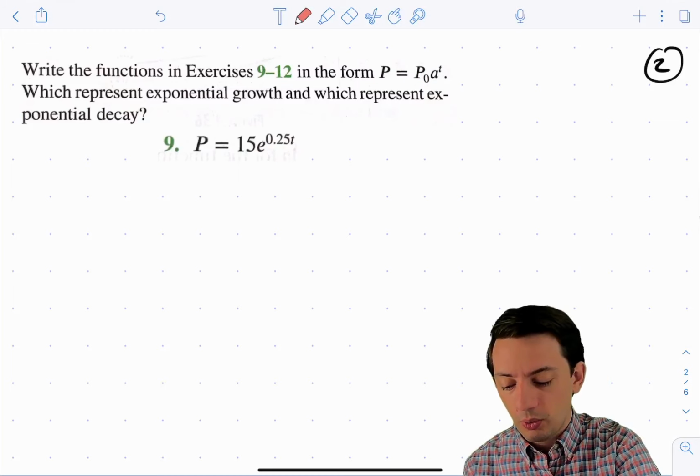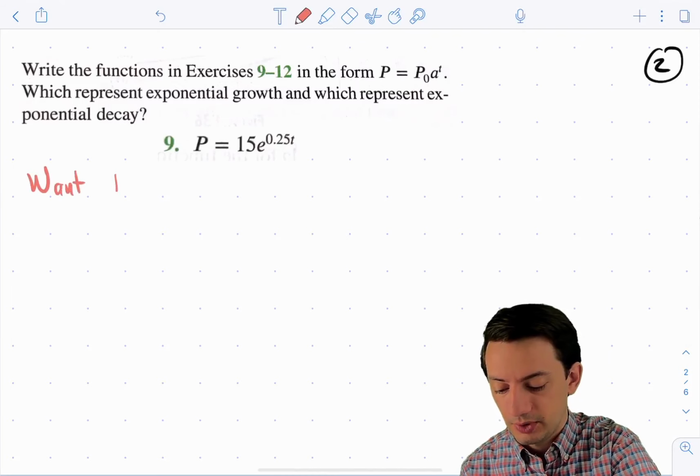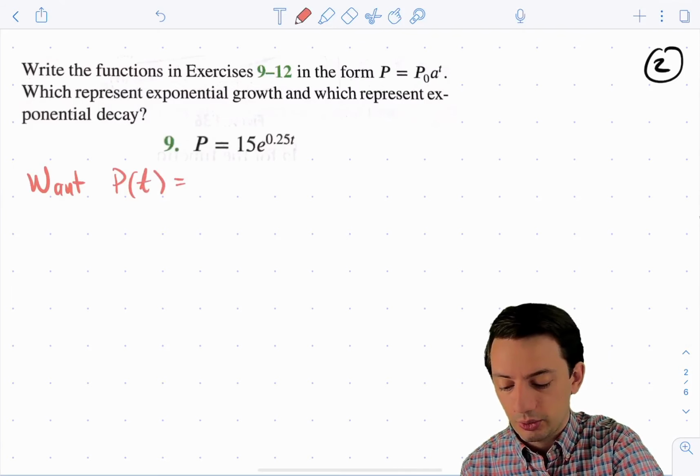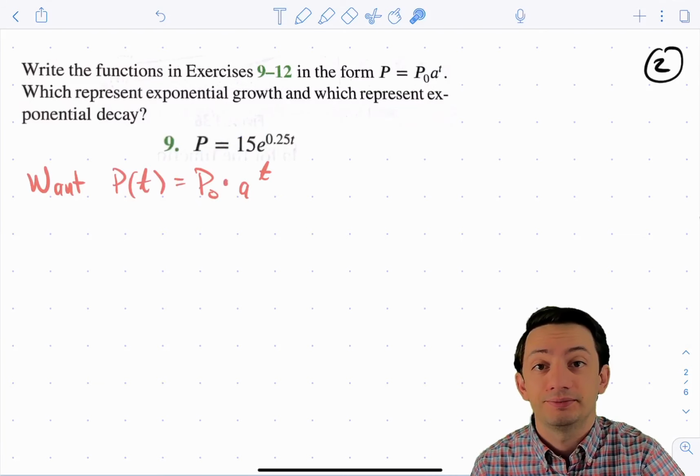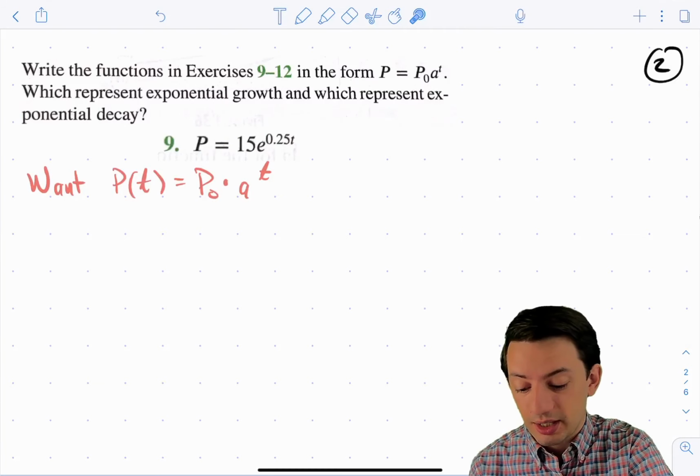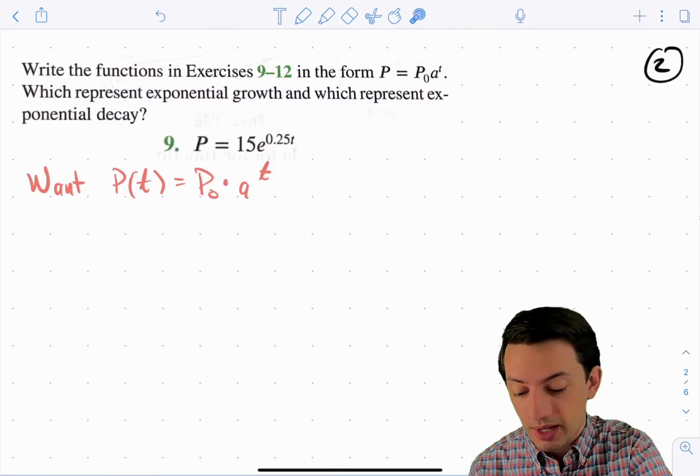OK, so we want the form P of t equals P0 times a to the t. And we've got that P0 part just fine. That's the 15. But we want a number to the t, and instead what we have is a number to the number times t.